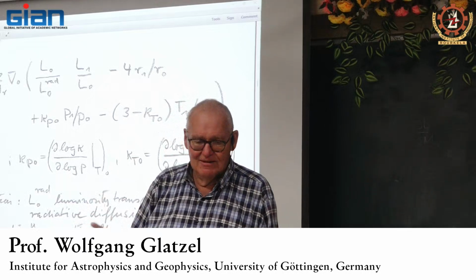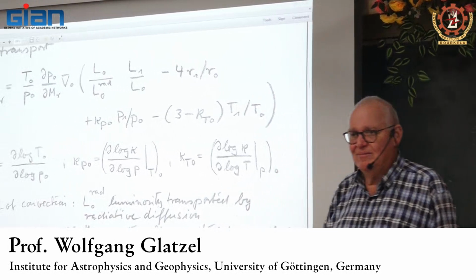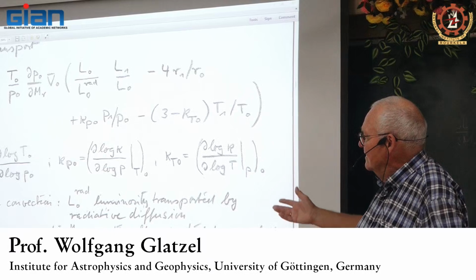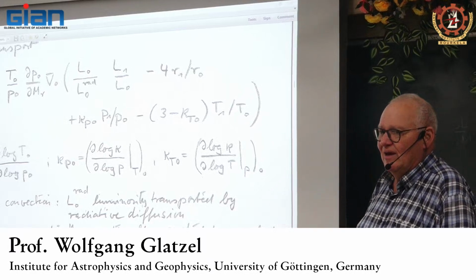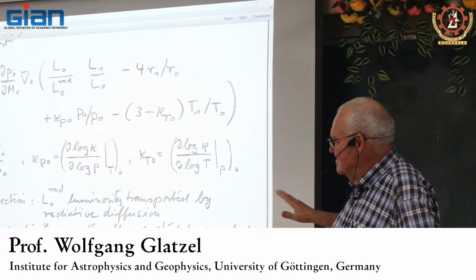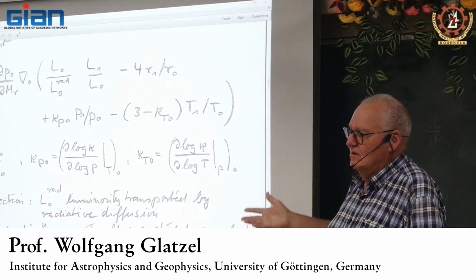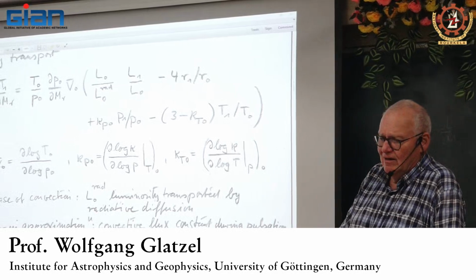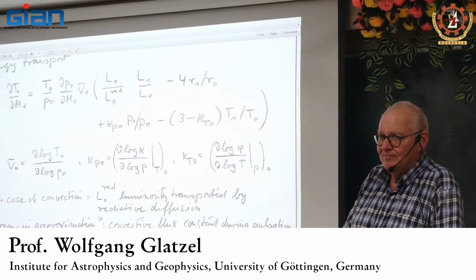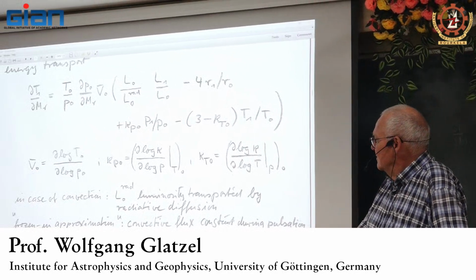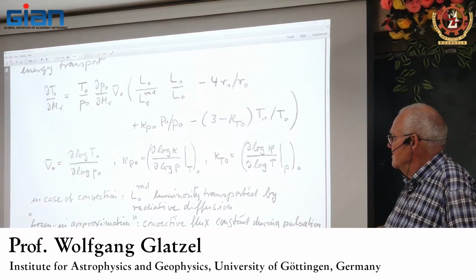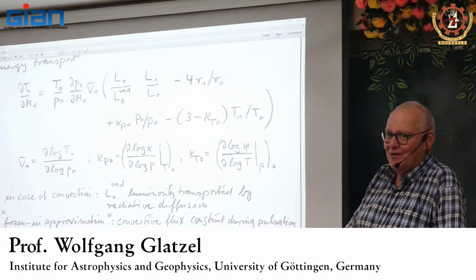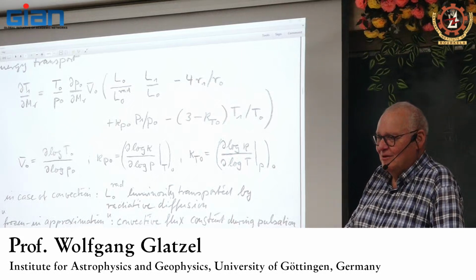But convection, again, I have to tell you, is a big problem in stellar pulsation and in stellar evolution. There are more or less plausible assumptions to treat convection in the framework of both stellar evolution and stellar pulsation theory. This is the result of the linearization of our equations.